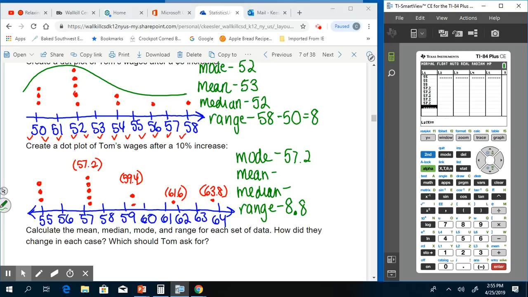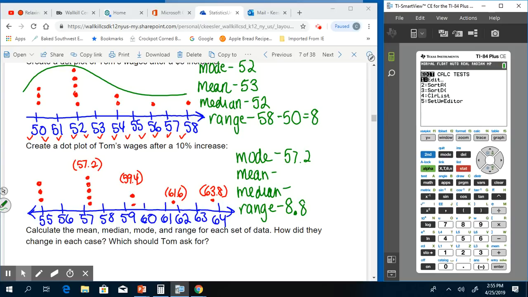Then we have 59.4 twice, 61.6 once, and then 63.8.